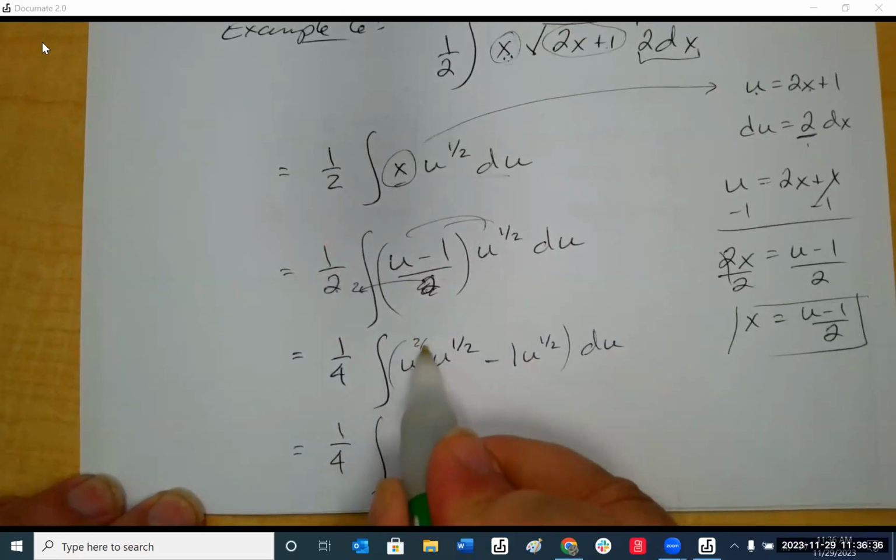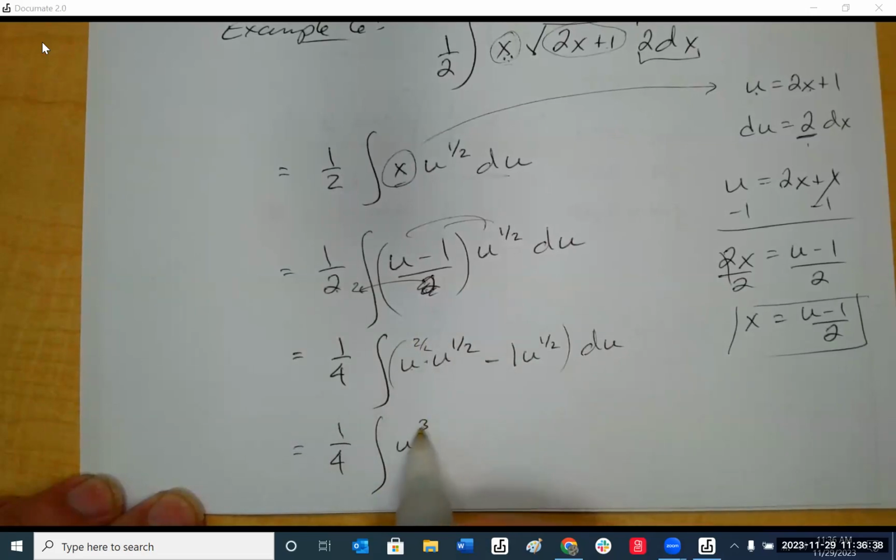So this is 2 over 2, so it becomes u to the 3/2 minus u to the power 1/2 du.